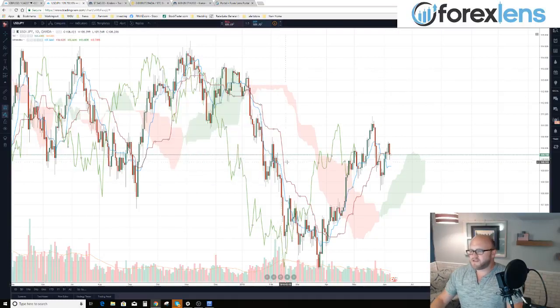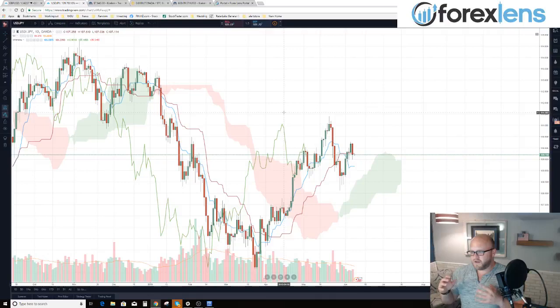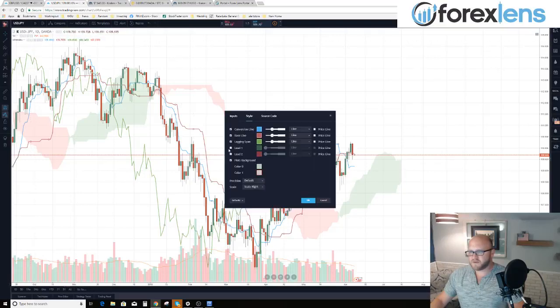Now let's go through what the components are of the Ichimoku system. The first one is probably what you notice right away: it's called the cloud. And the cloud is made up of two lines, the ones that we removed, called lead 1 and lead 2.